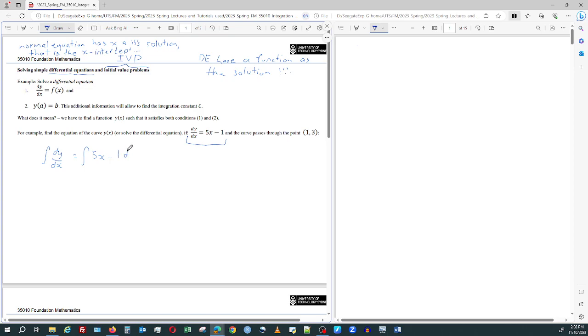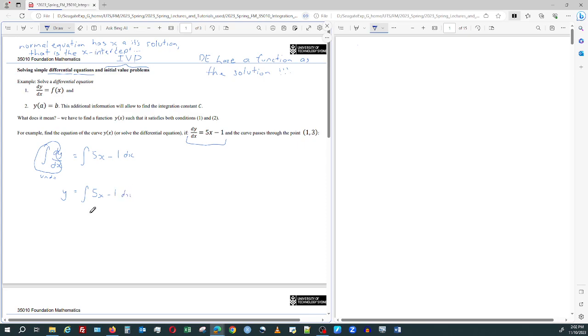So this means that we get y equals. This is the undo. So y is equal to, and we integrate the right hand side to find out what this function is. What is this y function?